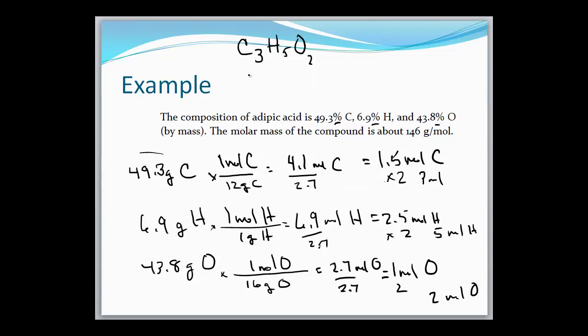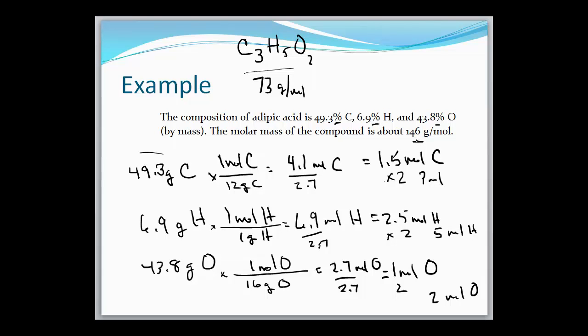The first step is figure out the molar mass of the empirical formula. So 3 times 12 plus 5 plus 2 times 16 gives us 73 grams per mole. And then what we want to do is take the given molar mass of the molecular formula. Now that value has to be given.